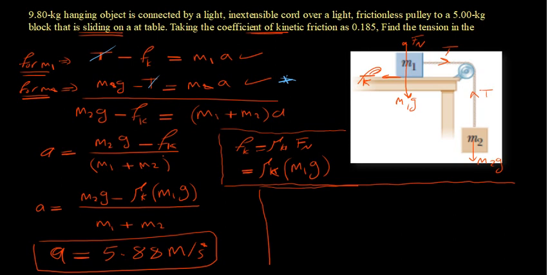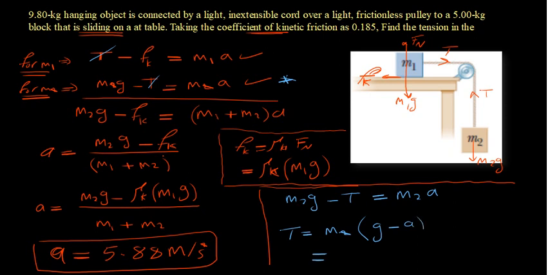It's m2g minus T equals m2a. Just by rearranging the formula, T will equal m2 times g minus a, since m2 is the common factor.